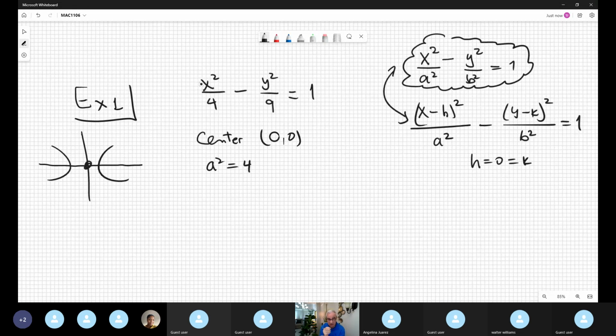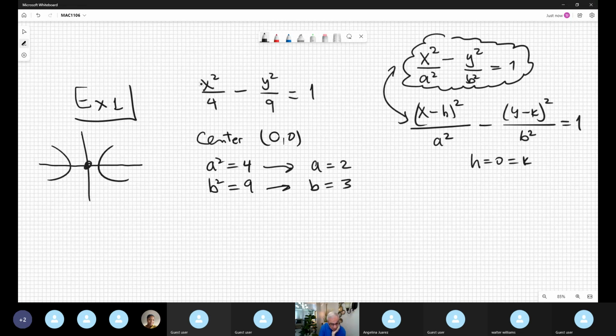Now a squared is 4. Don't confuse it, please. Because in the ellipse, you suppose that the big number is a squared. No! In the hyperbola, the a is the positive and b is the negative. Therefore, a is 2. And b squared is 9. Therefore, b alone is 3.